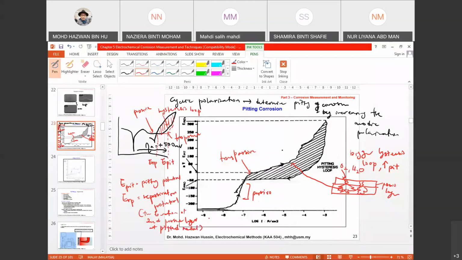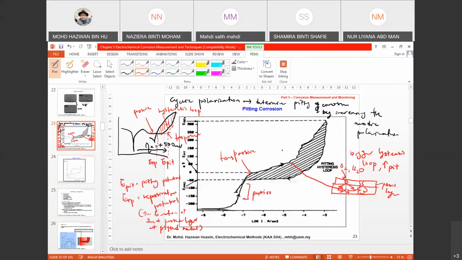It has already formed pits, and when it becomes stable, it forms another passive layer inside the pit. Okay. So this is actually ERP. After it reverses and overlaps back to the intersection point, we call it ERP.